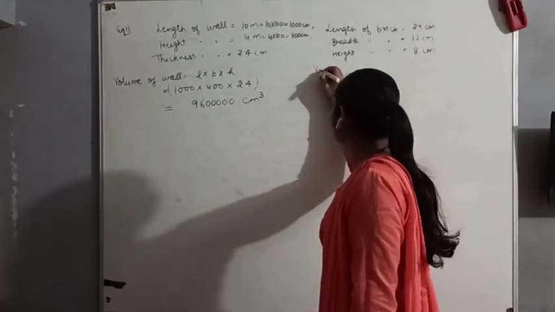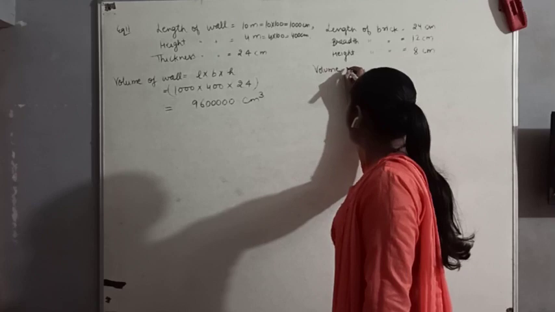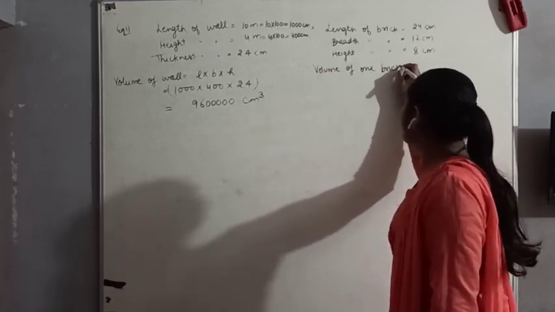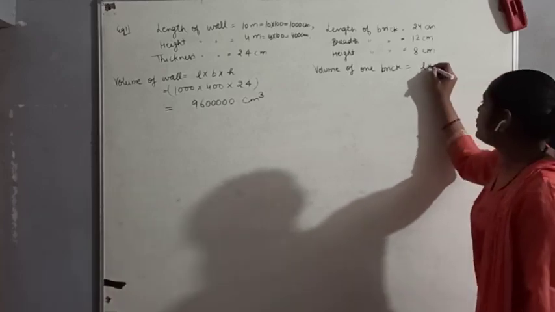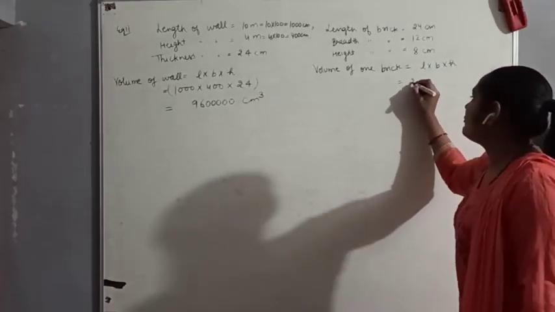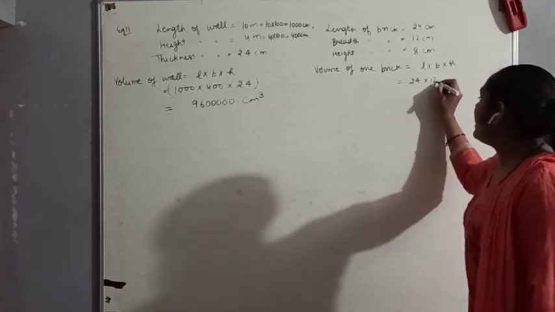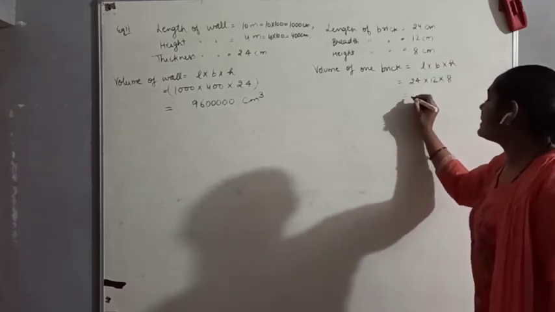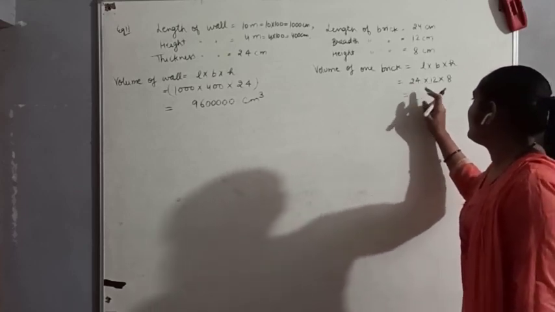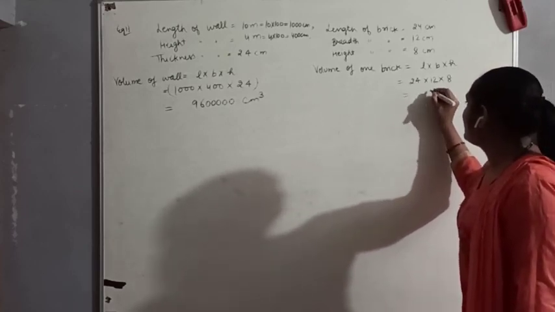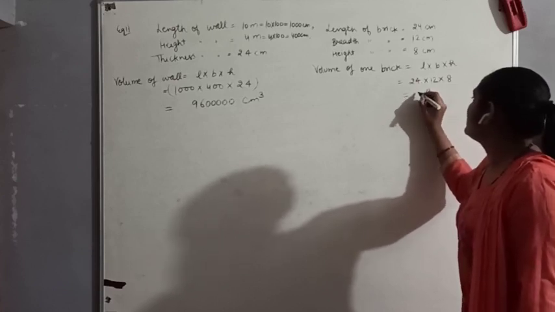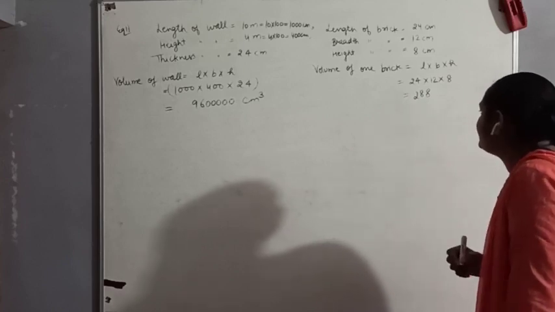Similarly, volume of one brick, that will be equal to length into breadth into height of brick. Length is 24, breadth is 12 and height is 8, that is equal to 24 multiply with 12, that is 288.